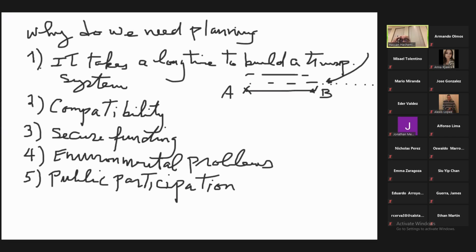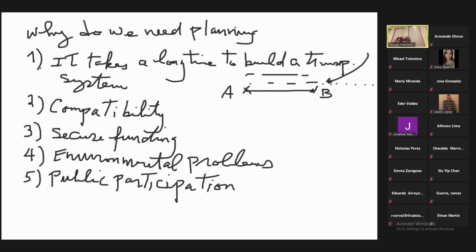You got to tell them, are you building a 2-lane highway, or are you building an 8-lane highway? Why are you building an 8-lane highway? So you have to show them that you have forecasted how many cars are going to go 25 years from now. So you are buying the land and making it available for the expansion, and how many lanes you're going to build now, how many lanes you're going to add in the future, and so on.